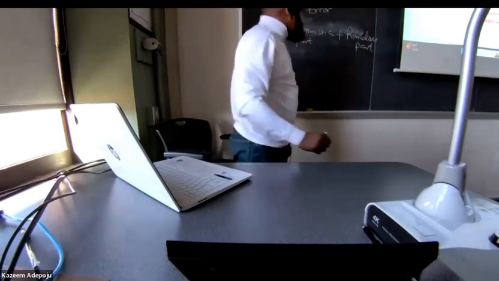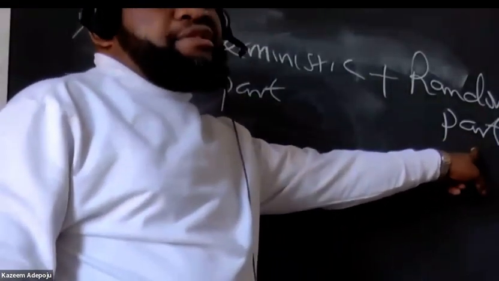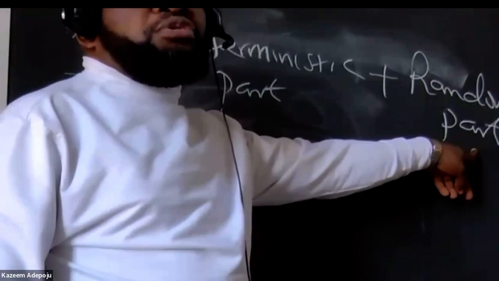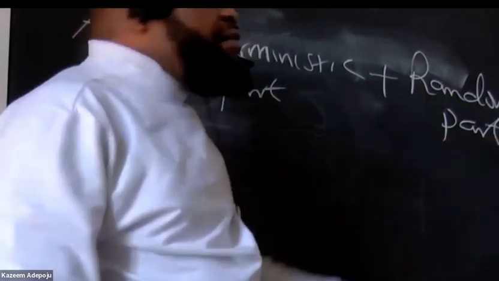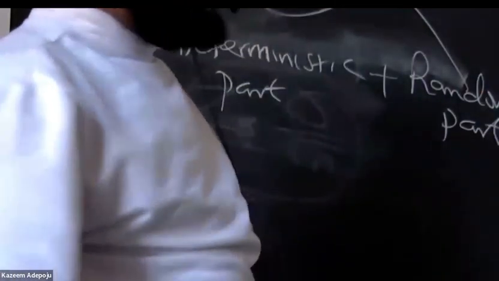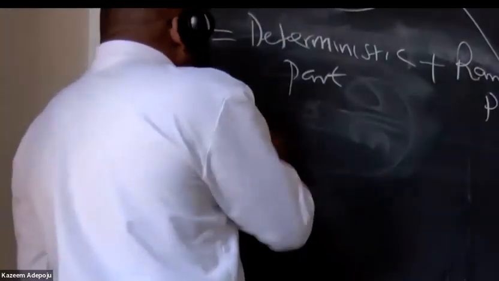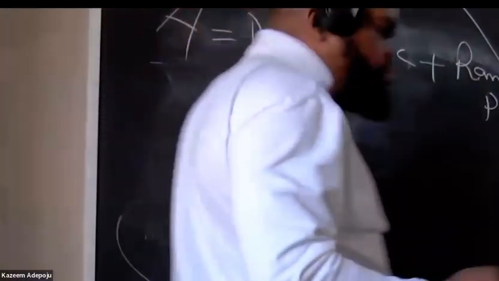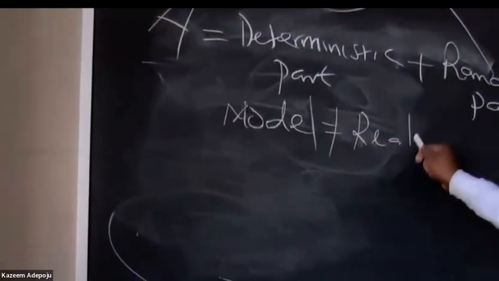We believe there's always going to be a random part in every statistical model. Why do we have a random part? The random part is the error, because the model we're using is not the same as reality.